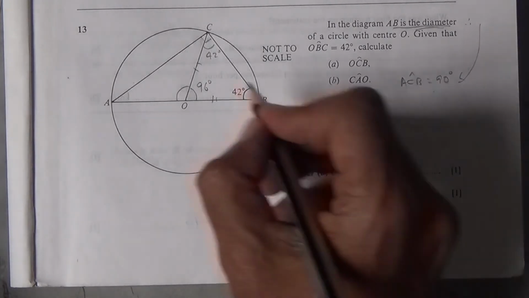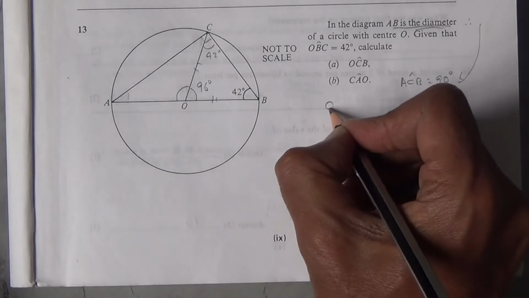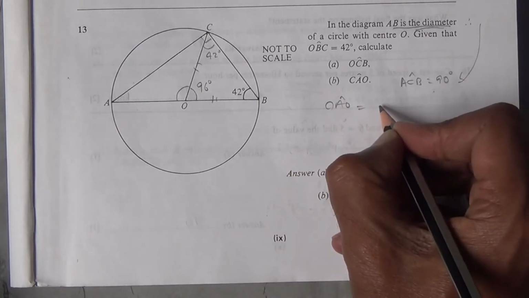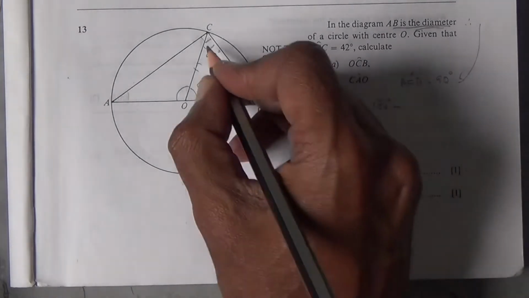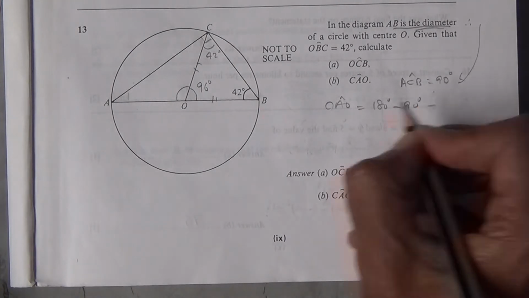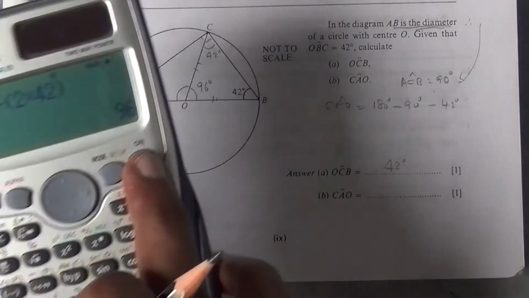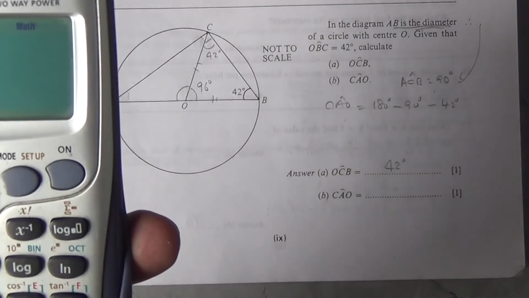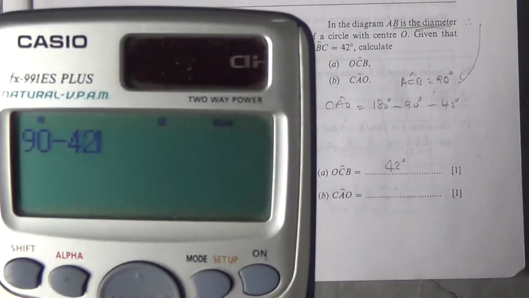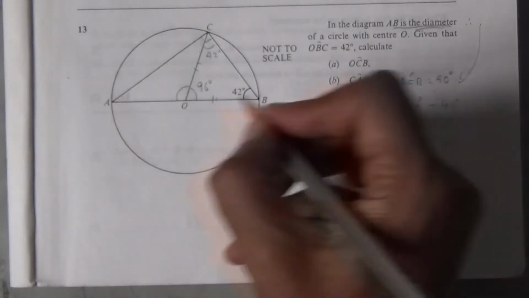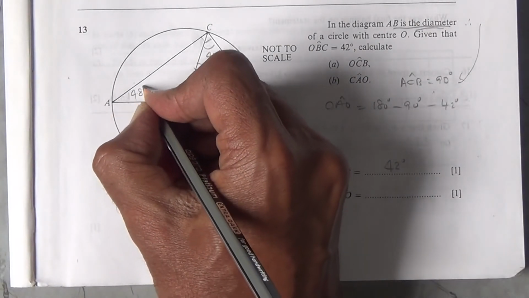And hence we've got CAO is equal to 180, take away the 90 and take away the 42. So that's 90 minus 42, which comes to 48. So this is then 48.